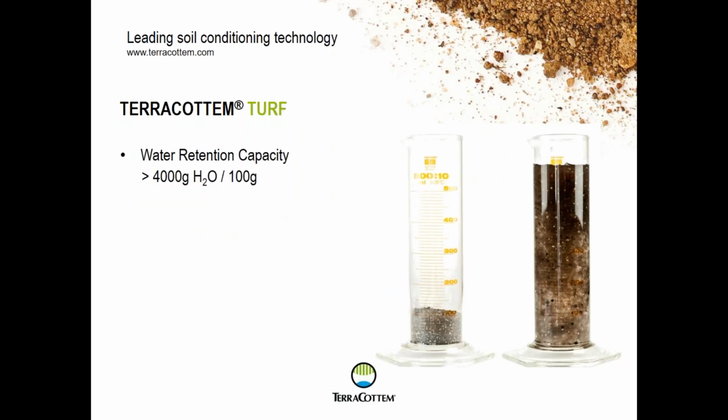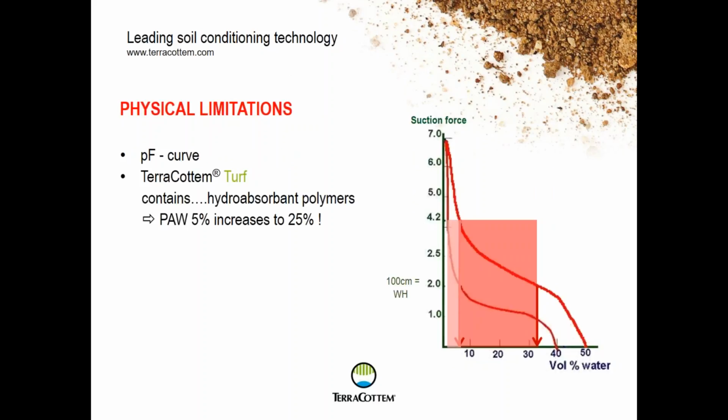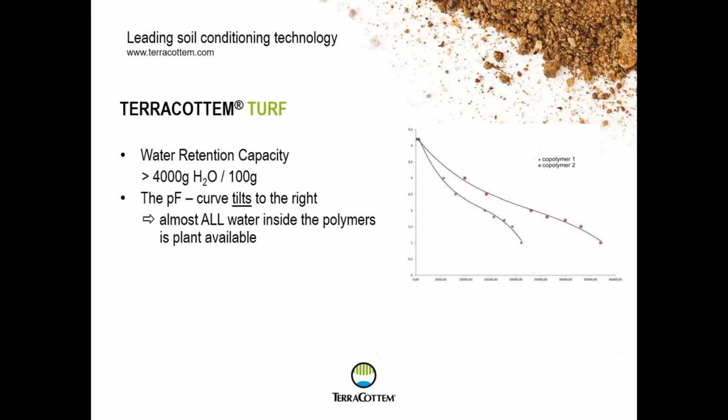Why is that? We all know that the water retention capacity of TerraCottem turf is over 400 grams per 100 grams of TCT. That means that 100 grams of TCT can absorb 4 liters of water. But because the PF curve tilts to the right, almost all water inside the polymers is plant available.